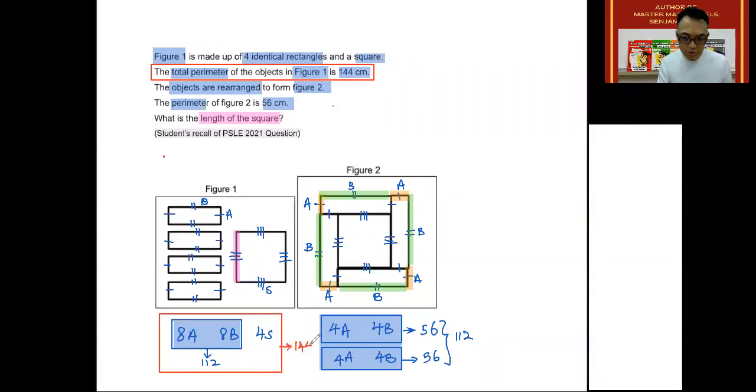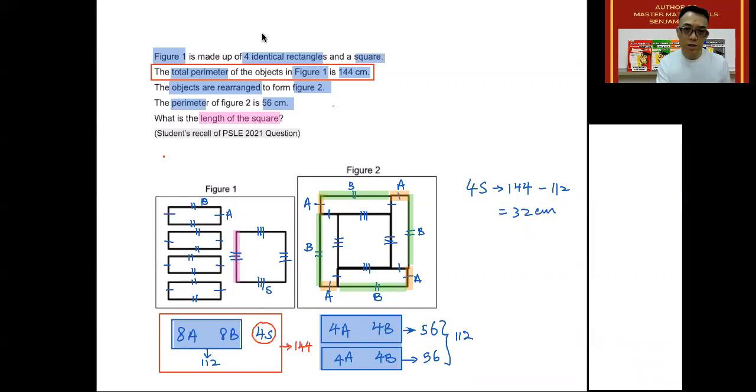So if this is 144 and the shaded blue box is 112, then I can find 4S by simply taking 144 minus 112. And by doing so, I will get 32 centimeters. This 32 centimeters that I've just found is made up of 4 sides of the square.